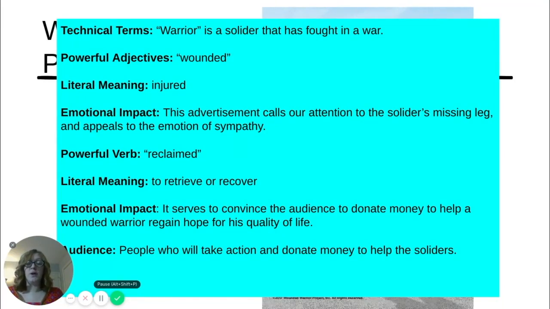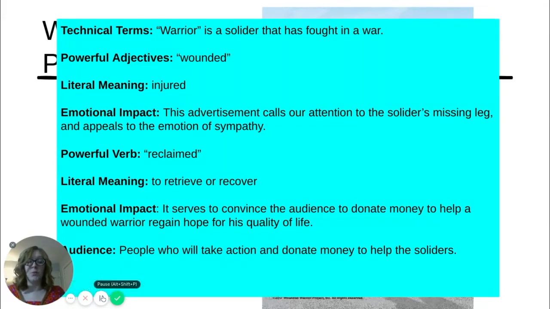The emotional impact of the word reclaim serves to convince the audience to donate money to help a wounded warrior regain hope for his quality of life. The intended audience are people who will take action and donate money in order to save soldiers in this situation.